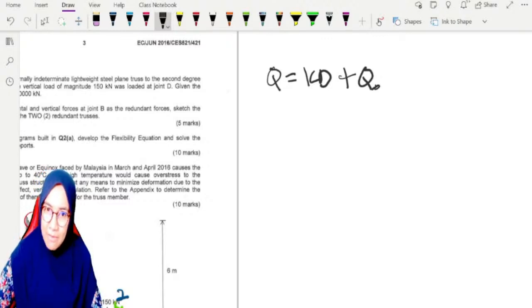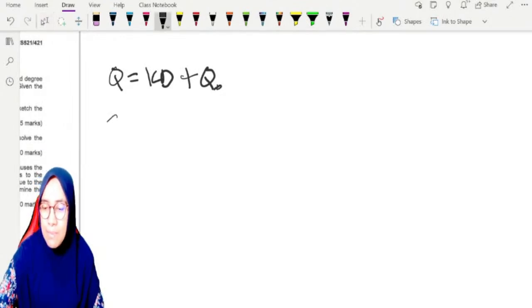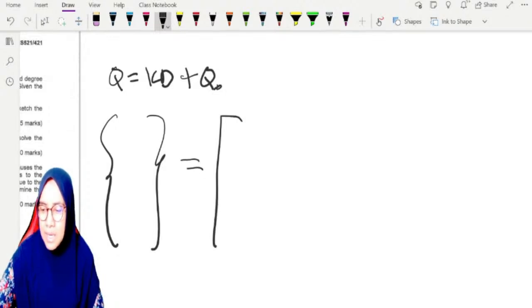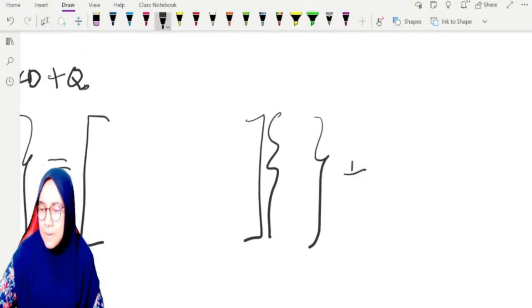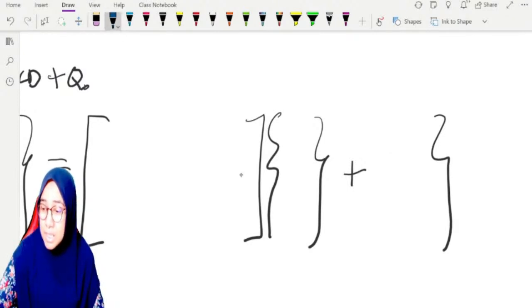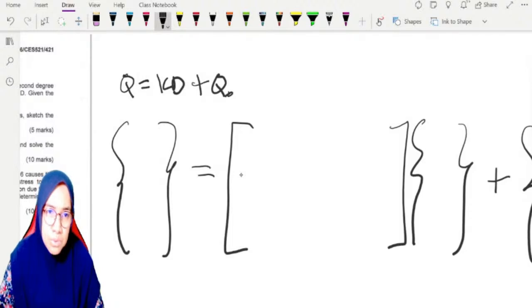So we will have this stiffness equation in matrix form, Q equal to KD plus Q naught. That is why we do all the process in the stiffness method, in order to produce this stiffness equation.